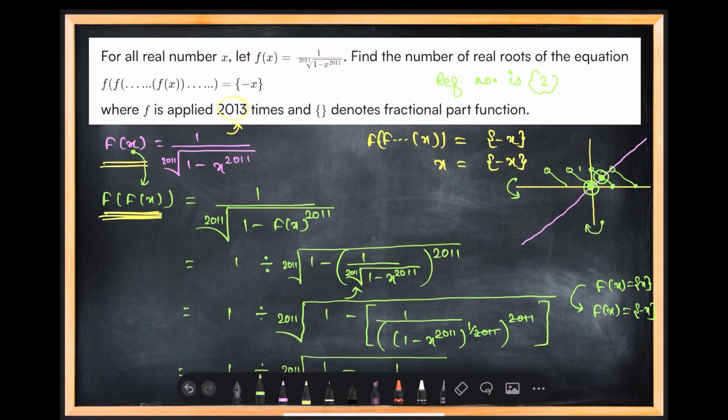So there are two real solutions for this question. Find all real x. So those x are 0. At 0 they are equal, and then you have to solve this. If you solve this, you know that it will behave as minus x, and this is x. So x equals minus x.